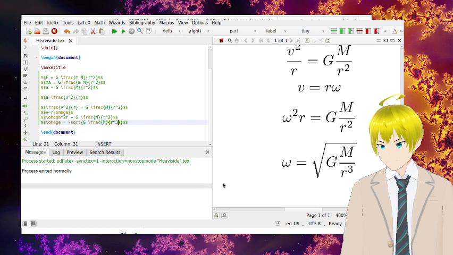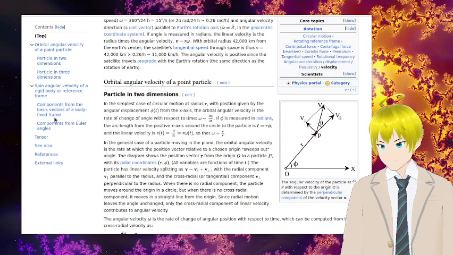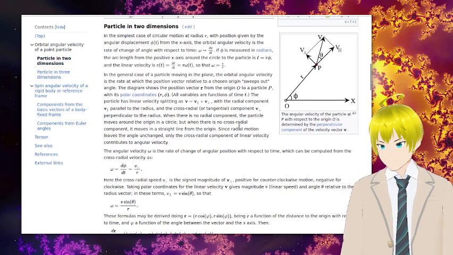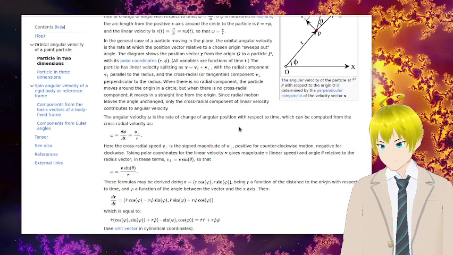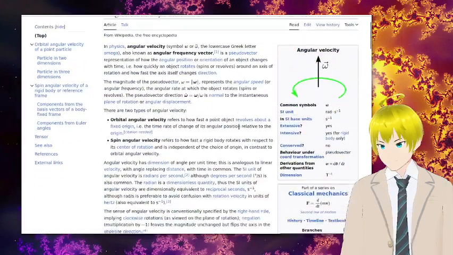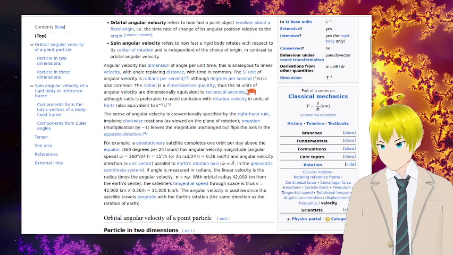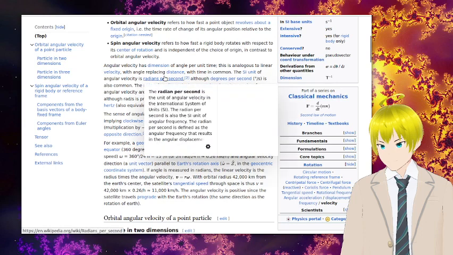Let's look up the units. It should be radians per second if we're doing it right. Oh, they're just reciprocal seconds. Interesting. Oh, no, the SI unit of angular velocity is radians per second. So it is radians per second.